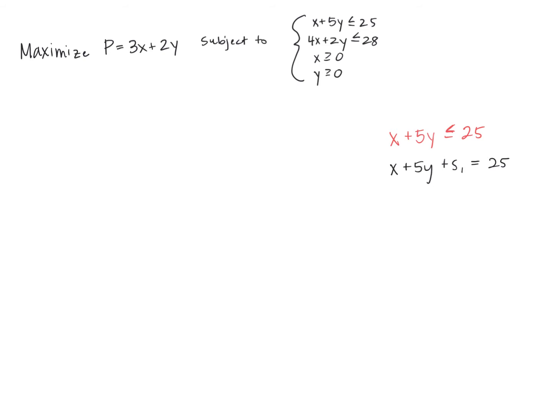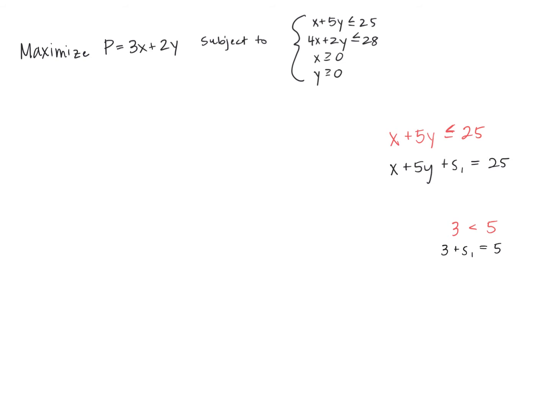An example using numbers, let's say I had 3 is less than 5. We could agree that that's true. I could change this into an equation by saying, I'm going to add some variable to 3 so that now it's equal to 5. I'm going to change that to an equation. And we would see here that in this example, S1 would be 2.